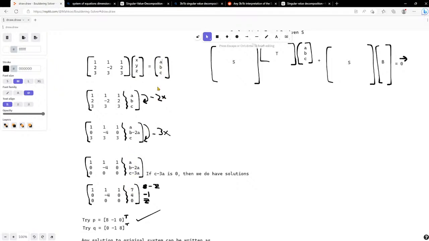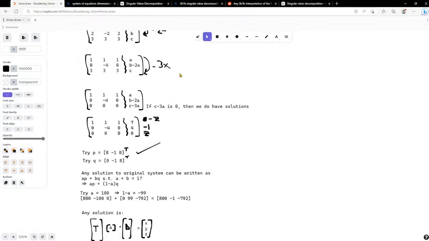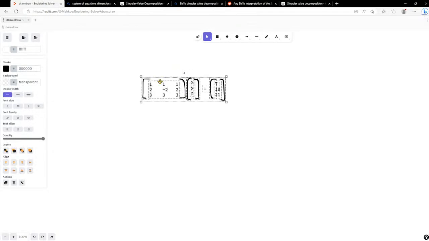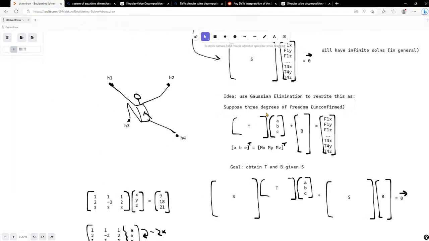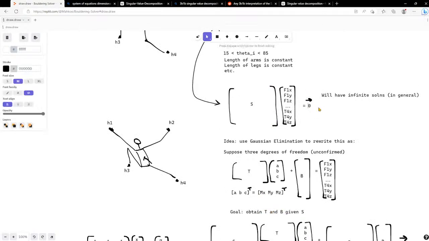So I think that means A has to be 7, and B minus 2A is 4, so this has to be 18. And then C minus 3A is 0, so this has to be 21, I think. So we have this problem here. Okay, so actually it's not just given S, obtain B and T. Actually, I've written this as the 0 vector, but in principle this could be any vector.